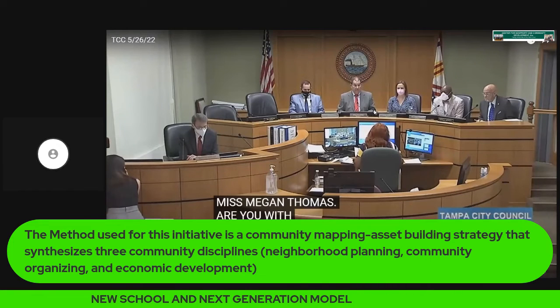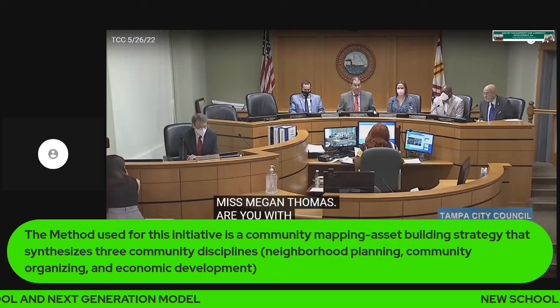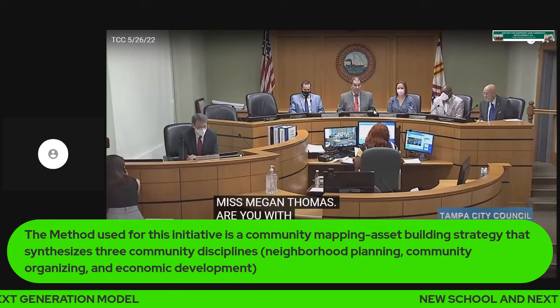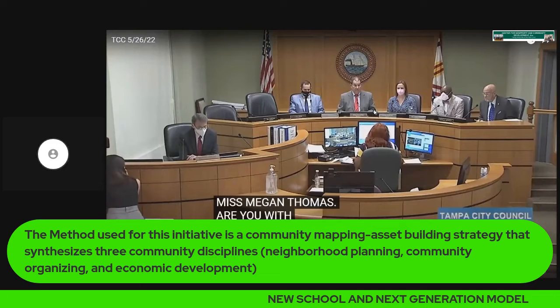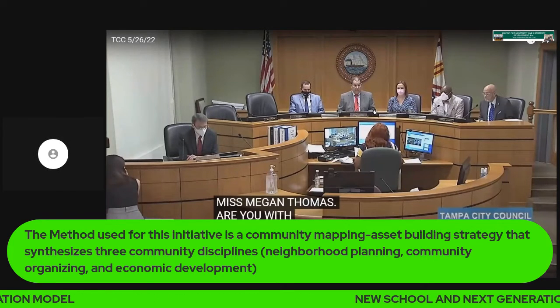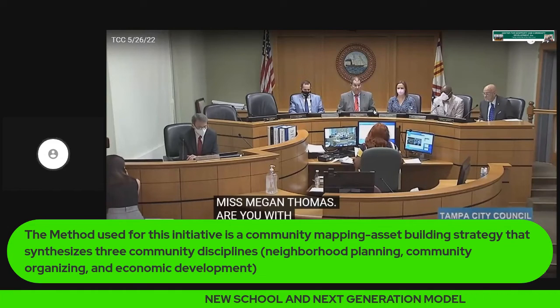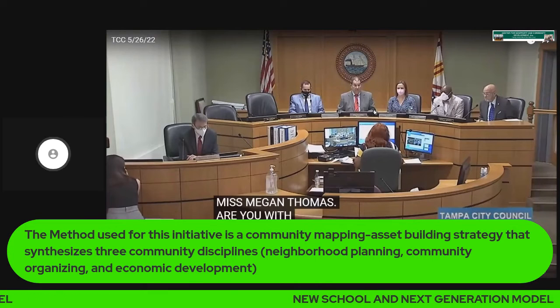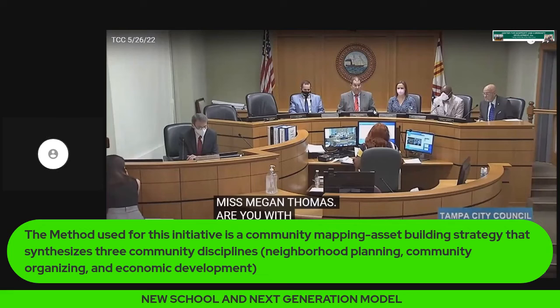Now, the method we use in putting together the framework is a community mapping strategy that synthesizes three types of community discipline: neighborhood planning, understanding what the needs and strengths of the neighborhood are; community organizing, bringing together the neighborhood to actually help design the plan, as well as help implement and, more importantly, control the plan; and finally, economic development.